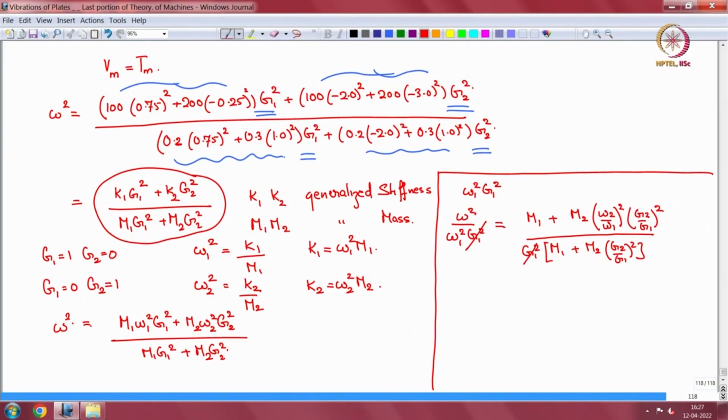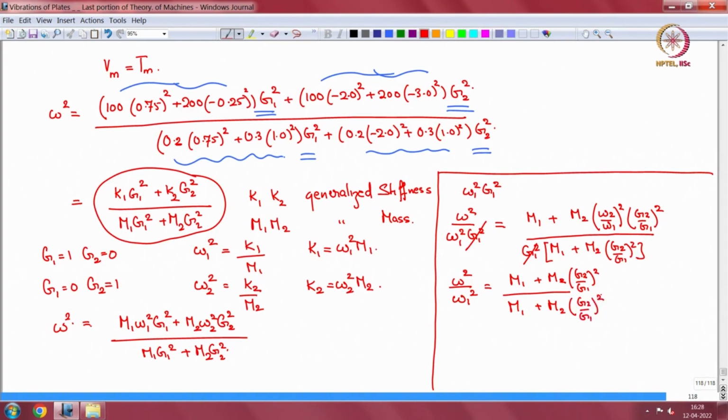So I have omega square divided by omega 1 square given by m1 on the top and m1 in the denominator plus m2 on the top and m2 in the denominator, with the same g2 by g1 squared.